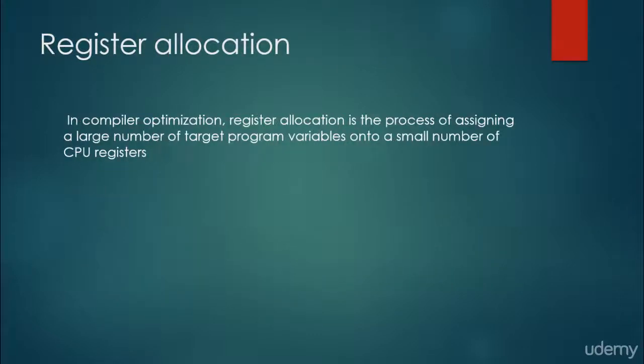And of course, as far as operating systems and software are concerned, maybe this is the most important application, the register allocation problem. In compiler optimization, register allocation is the process of assigning a large number of target program variables onto a small number of CPU registers, and these problems can be solved typically with the help of coloring algorithms.